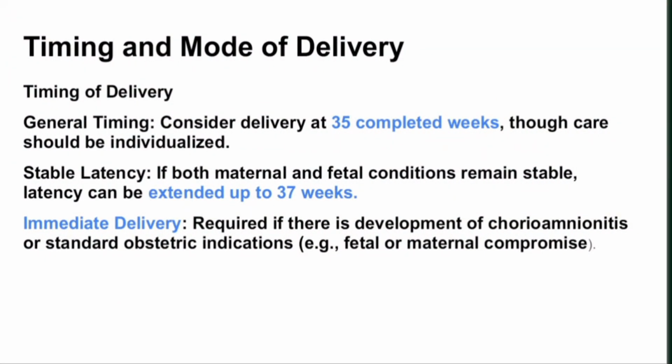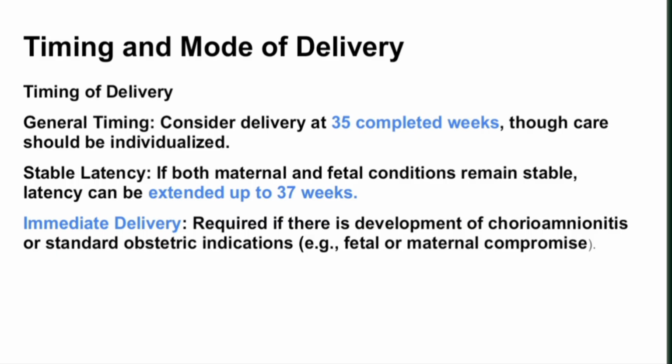So when it comes to the timing and the mode of delivery, we need to consider delivery at 35 completed weeks, though this should be personalized or tailored to each individual. We also need to consider the stable latency. If both the maternal and the fetal conditions remain stable, latency can be extended to 37 weeks.